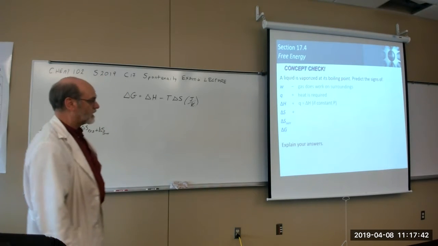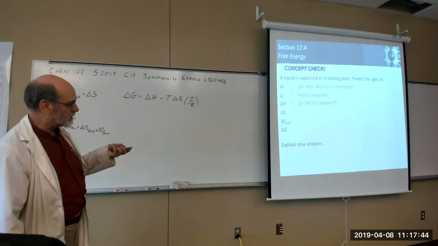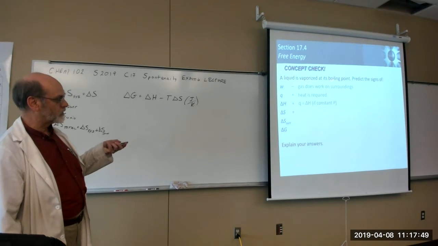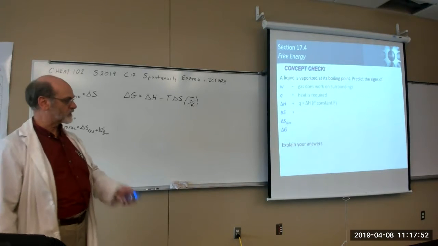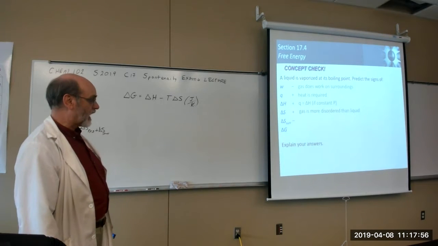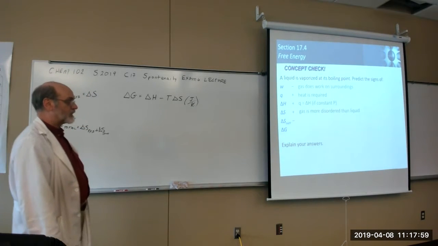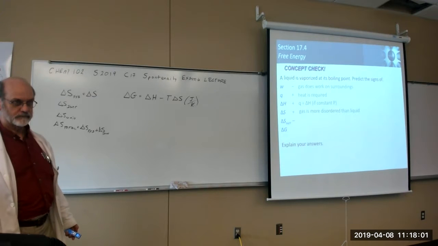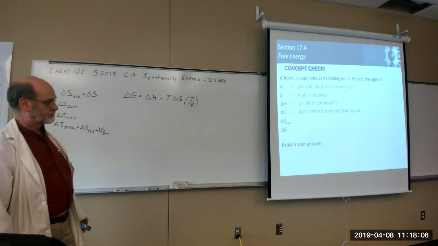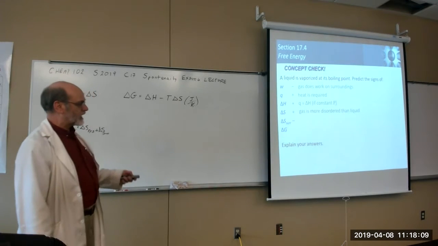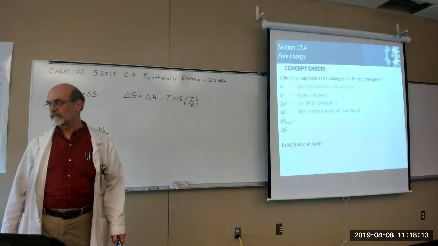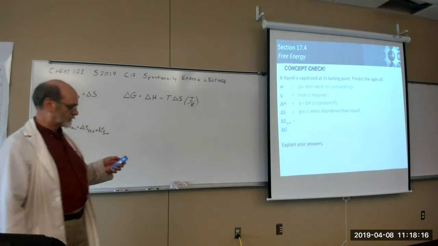The change in system entropy is positive because we're going from a liquid to a gas in this process. Surroundings, of course, would have to be negative entropy. Why is that? If we are increasing the entropy of the system, then the surroundings has to decrease in entropy. Well, under these circumstances.